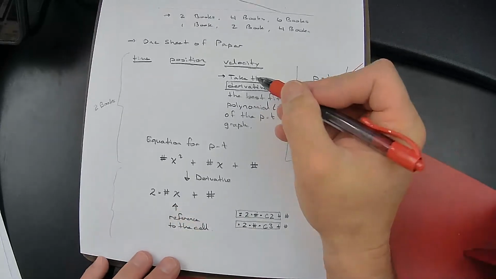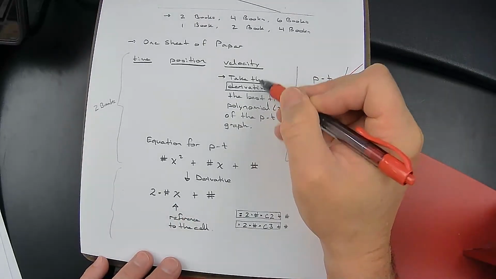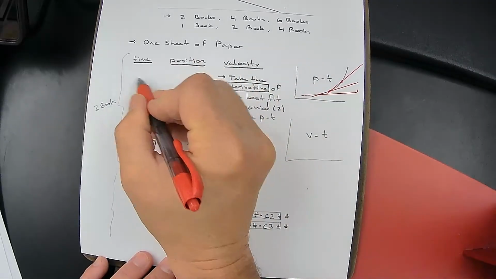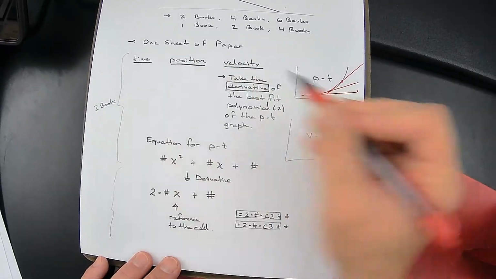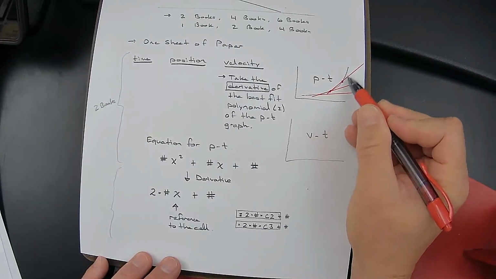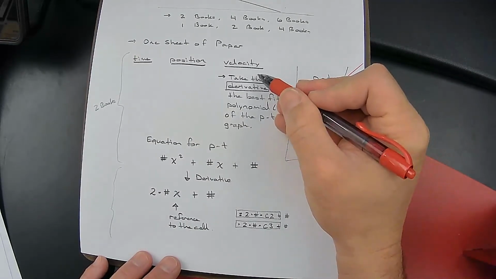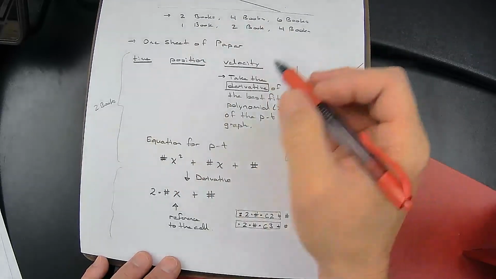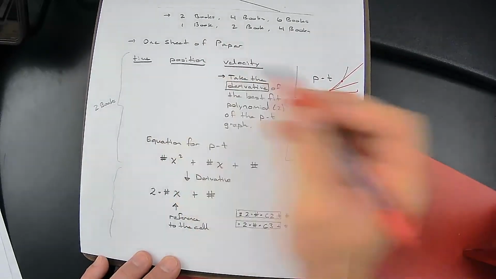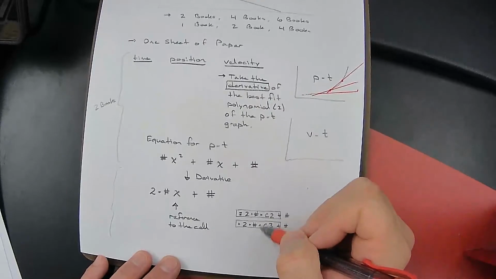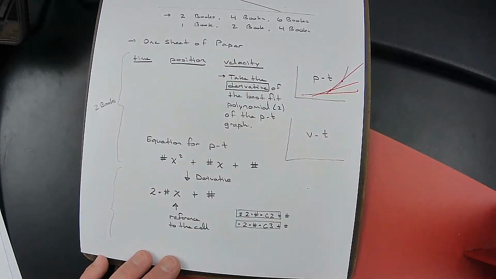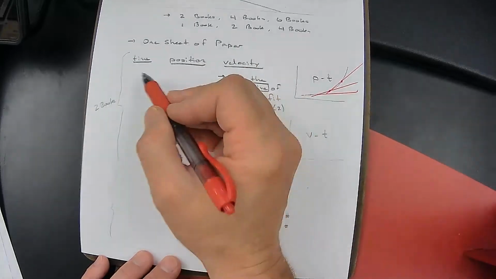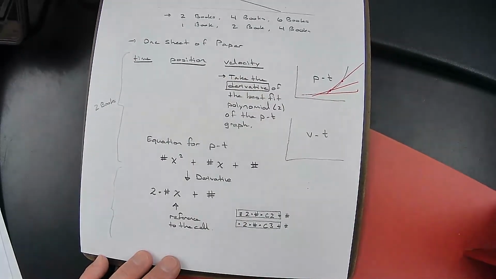So the velocity is going to be determined by the time at which you are located on the graph.